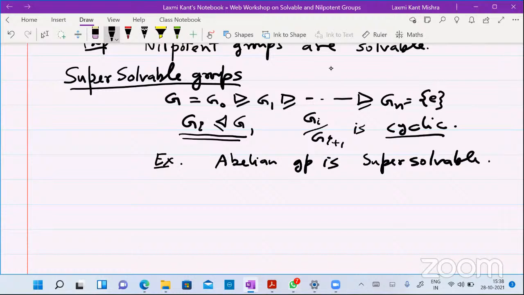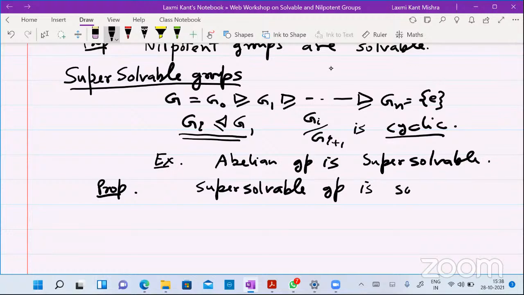And one more thing is that every super soluble group is soluble.